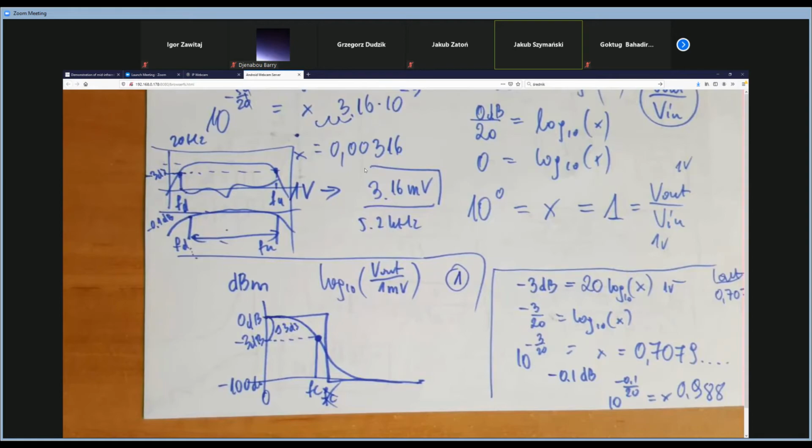We can calculate the drop in decibels and then choose components of the filter to achieve that ripple, to reduce the ripples. We calculate what filter we need to have this 50 millivolts at this frequency. Yeah, we can.